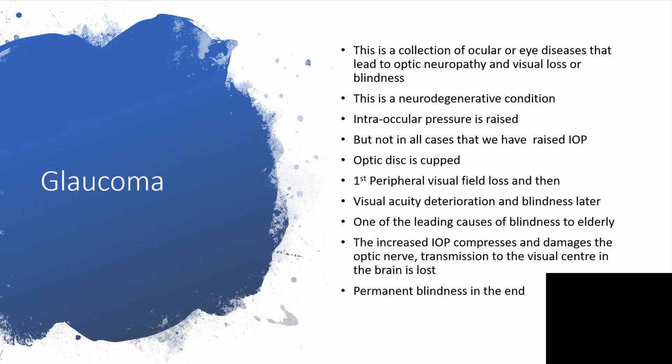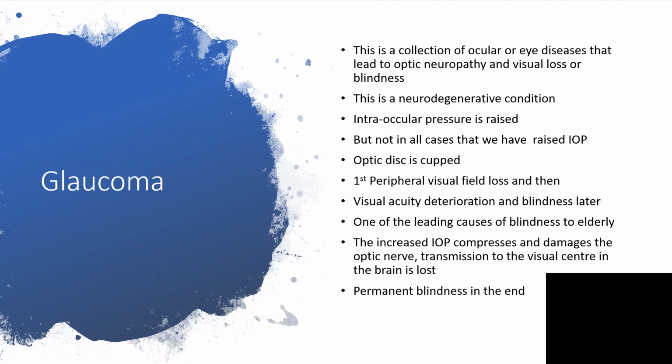When the ophthalmologist views your eye through their sophisticated equipment, the optic disc will be cupped. But to family members, friends, yourself, or a health care provider, the first thing to notice when there's glaucoma is peripheral visual field loss.